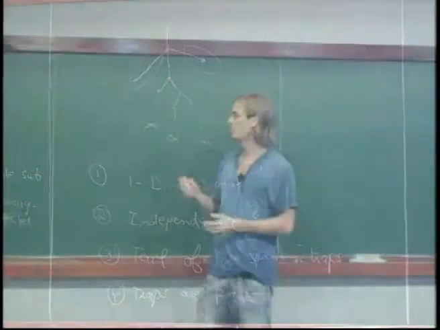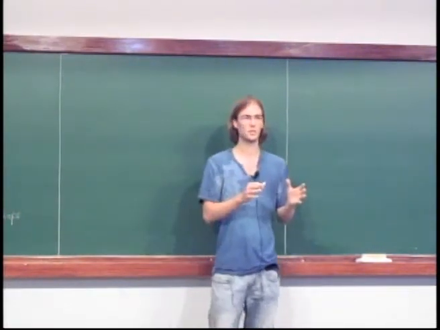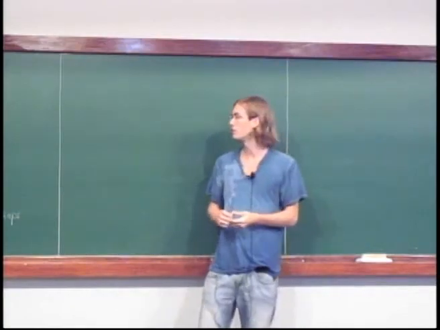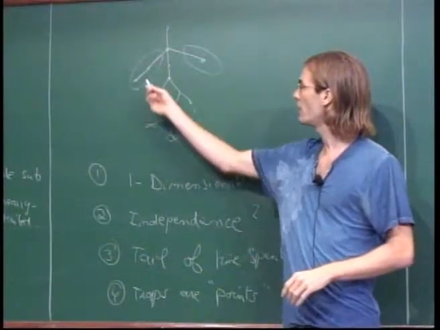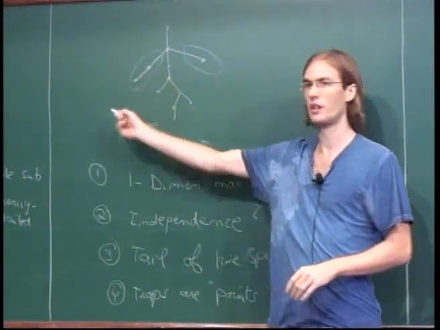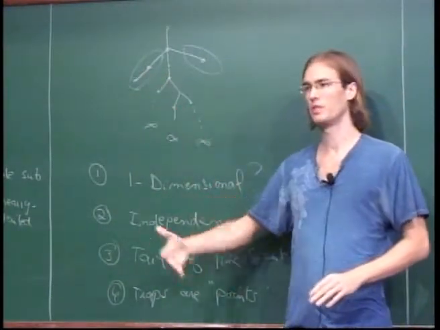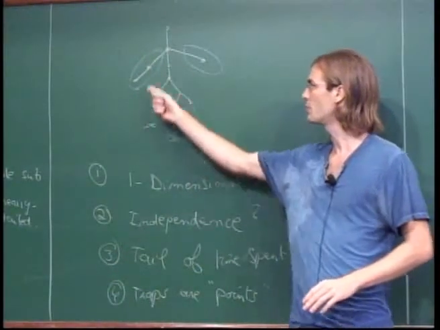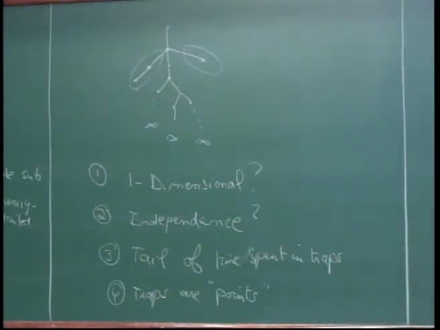So the first key part to understanding this model is really to understand this dichotomy between traps and the main part of the tree. So what you see in this picture is that, well, basically, what are traps? It's all those points which have a line of descent which is finite, which means that if you keep going with the drift, so keep going further away from the root, you'll eventually hit a dead end. And so we need some way of decomposing this tree into a part which is nice, where you have ways to go to infinity which are direct, and those big leaves.